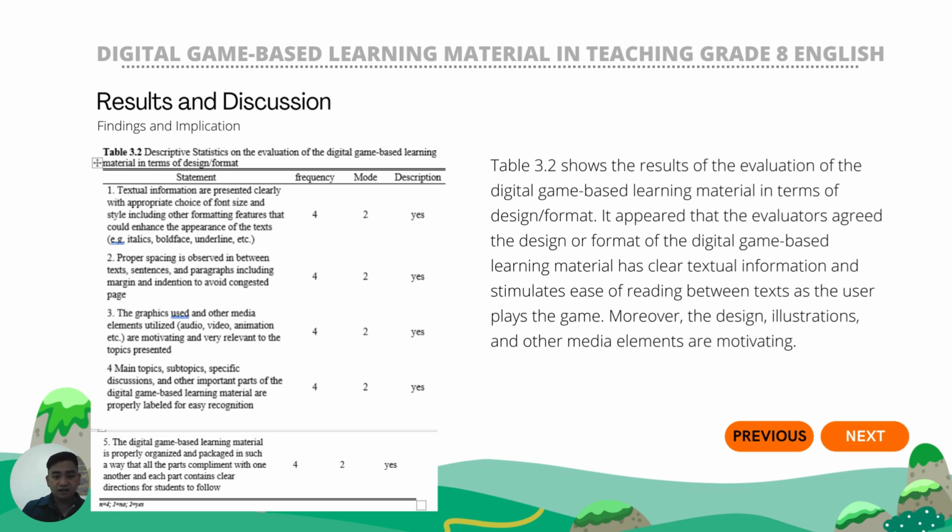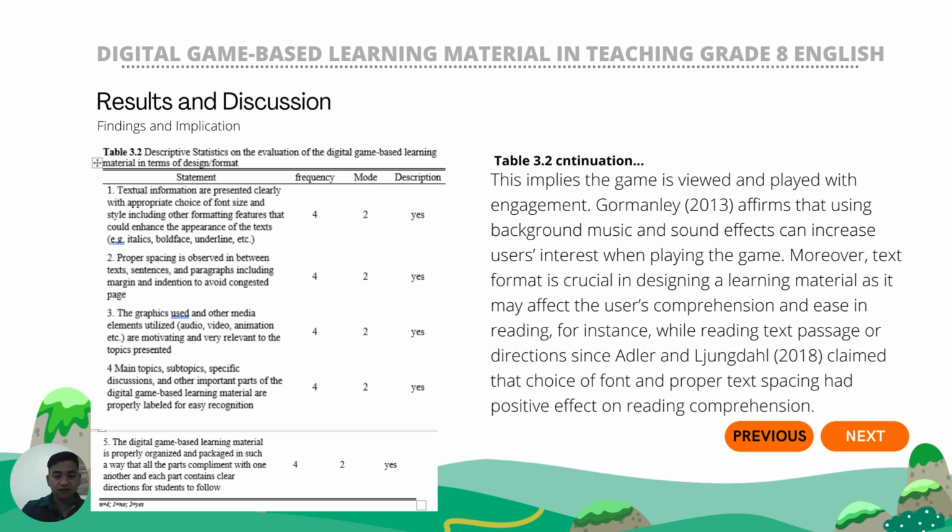Moreover, the design, illustrations, and other media elements are motivating. This implies that the game is viewed and played with engagement. According to Gormandi 2013, using background music and sound effects can increase users' interest when playing the game.